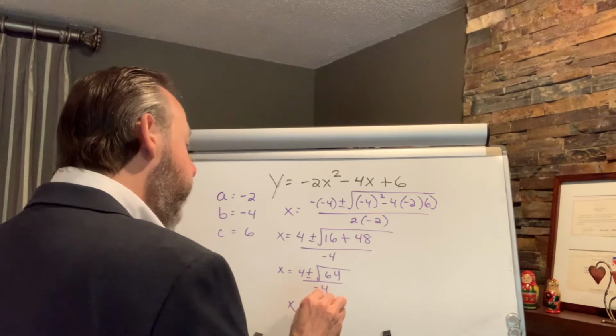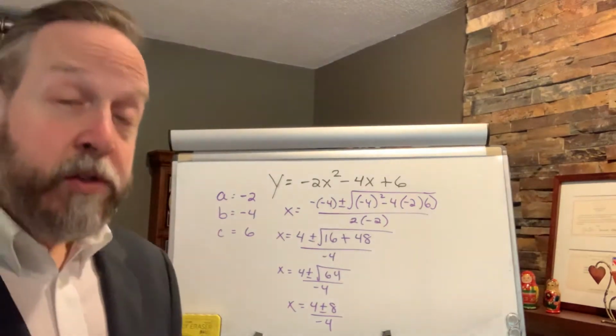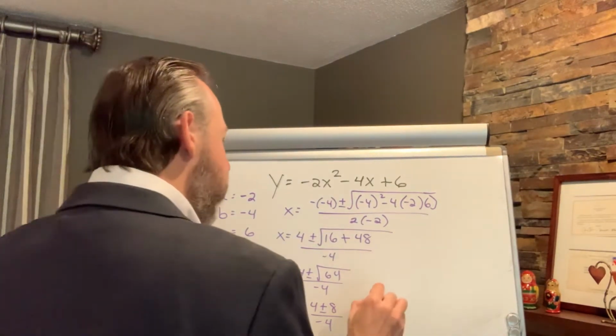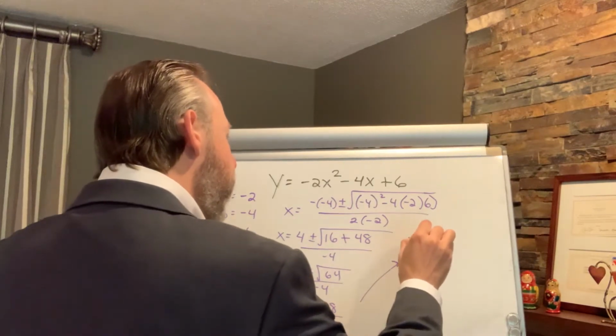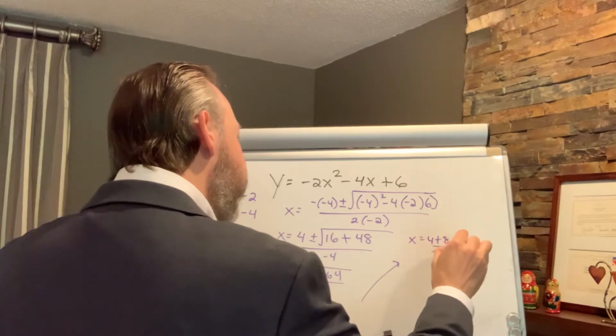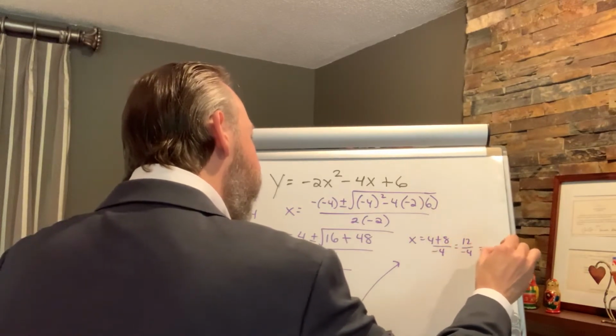64 is a perfect square. It is 8 over -4. And that brings us to our two solutions we have to create. One where x is 4 plus 8 over -4. That's 12 over -4, which is -3.